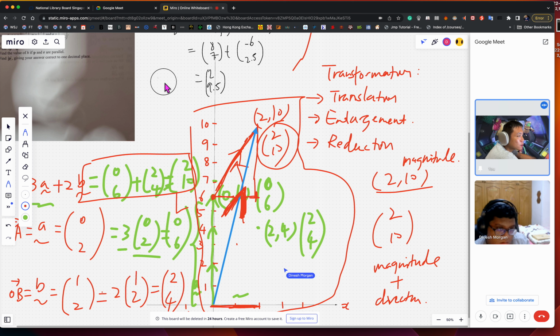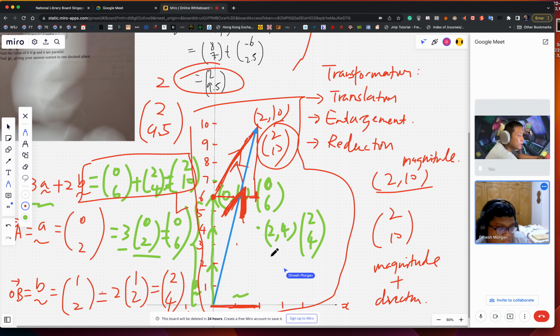Let's say I give you 2 and 9.5. In a way, it doesn't have a direction here. But if you really plot it out, let's not do 2 and 9.5 because it is too crowded. Let's do 2 and 2.